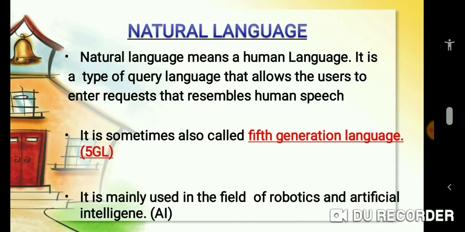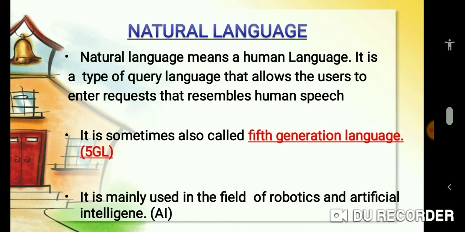Natural language means a human language. It is a type of query language that allows the users to enter requests that resemble human speech. Students, you must have seen speech recognition in your smartphones, in which whatever you speak, your smartphone listens, recognizes and converts it into text.